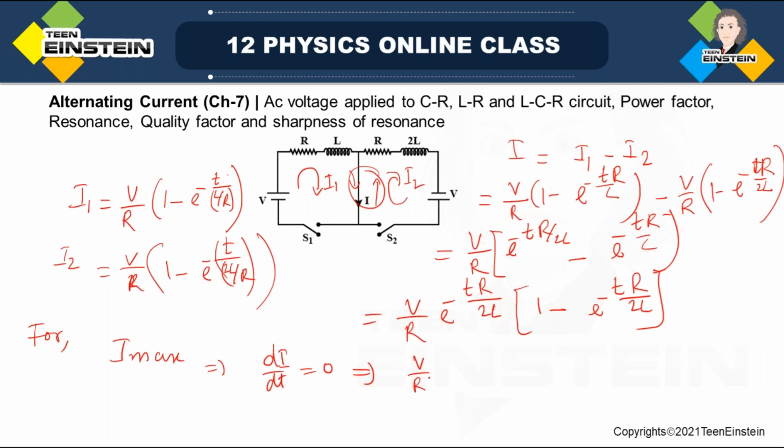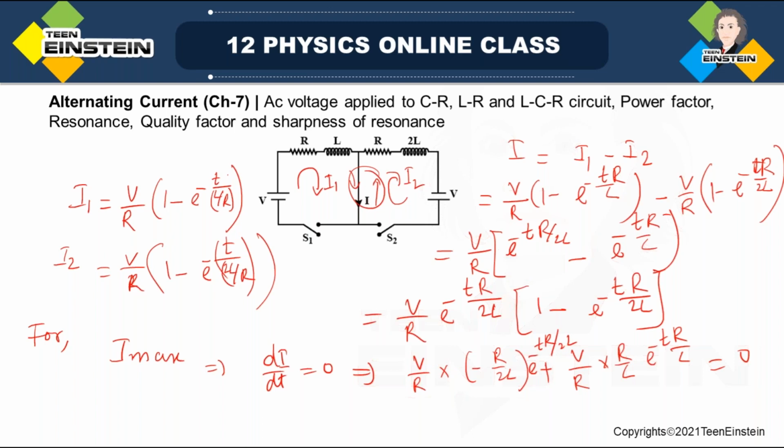So V by R, and the e to the power minus R by 2L, and this will be minus V by R, minus will be plus, and this will be R by L. Along with that, here there will be e to the power minus RT by 2L, and here e to the power minus RT by L. This would be 0.